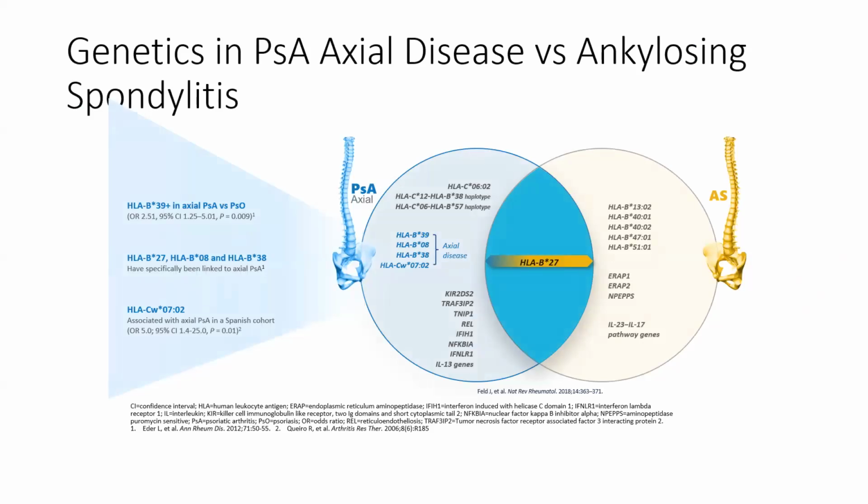There's some shared genetics. About 85% of people with axial spondyloarthritis or AxSpA have B27 positivity, whereas only about 30% of people with psoriatic arthritis do. And then there are other genetic differences between people with axial PsA and ankylosing spondylitis.